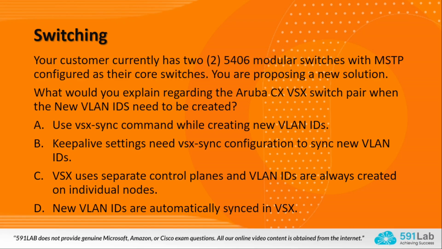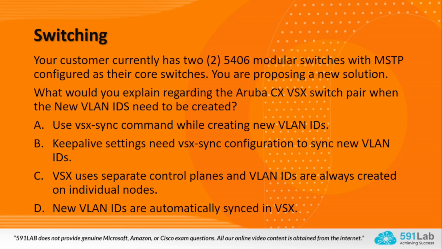Okay, let's check the answers. Option A, use the VSX sync command while creating new VLAN IDs. This is correct as per the configuration guide I have shown you, because the VSX sync command is available under VLAN context. Option B, keepalive settings need VSX sync configuration to sync new VLAN IDs.